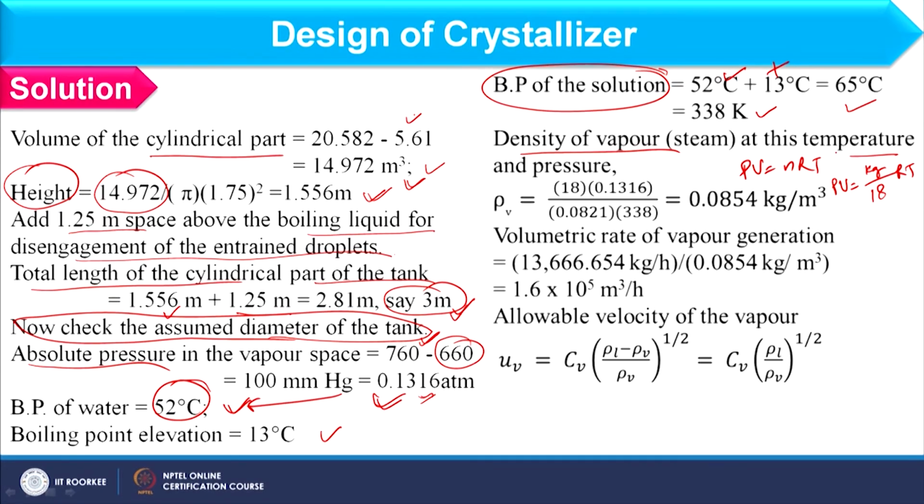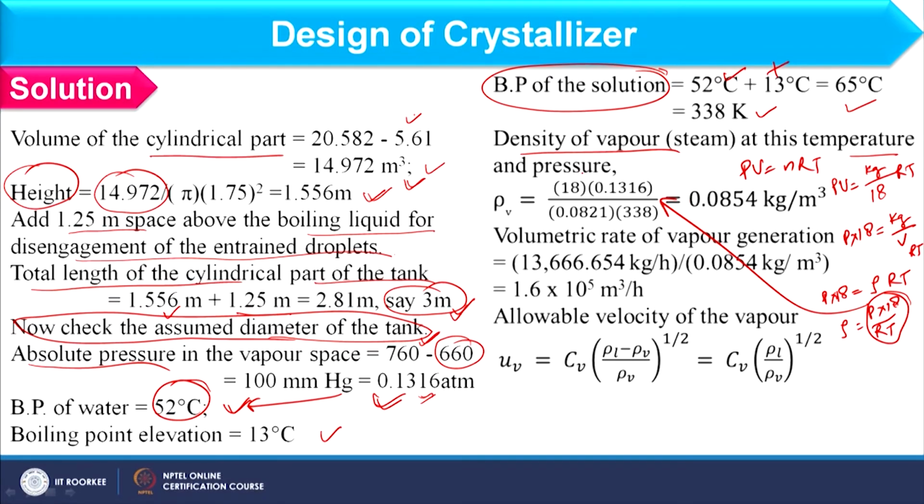So, we can further resolve this as P into 18 is equal to kg per volume, right, into RT. So, this we can find as P into 18 equal to density into RT. Okay. So, density should be P into 18 by RT, right.